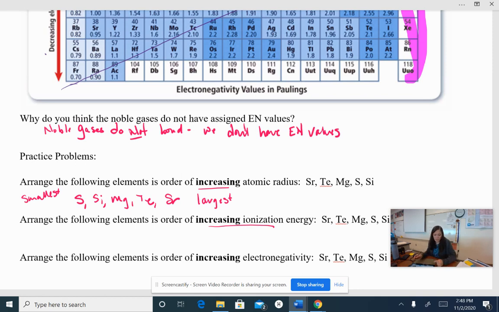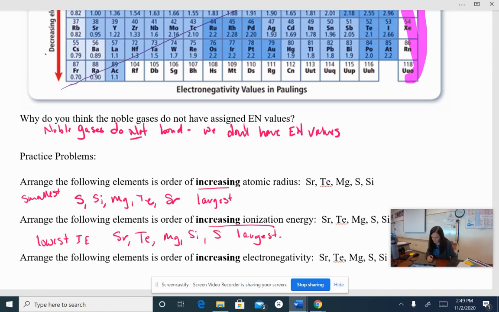I can. So if I do that, my lowest ionization energy is going to be my largest atom. So I would start with strontium, then tellurium, then magnesium, then silicon, and then sulfur. That's going to be my largest ionization energy.